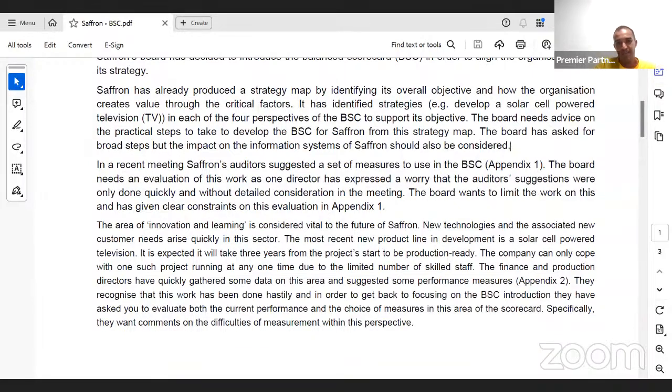Now write the steps involved in implementing a balanced scorecard.